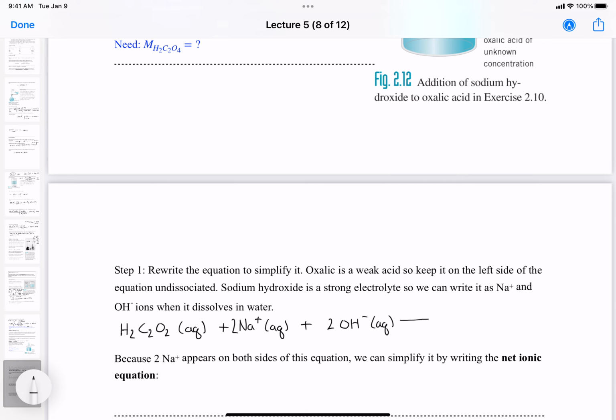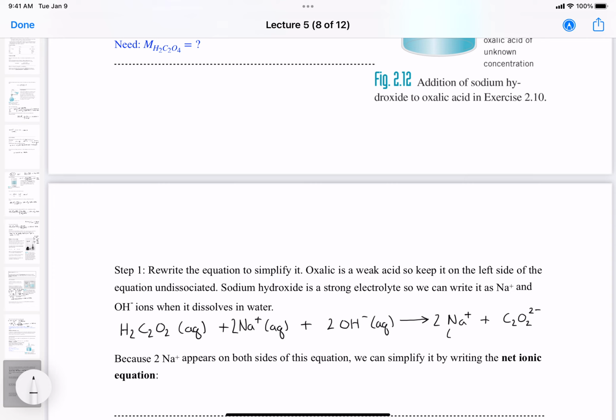With acid-base reactions, usually when you have a strong acid and strong base, it goes in one direction and you get 2 sodium plus C2O2 2 minus.